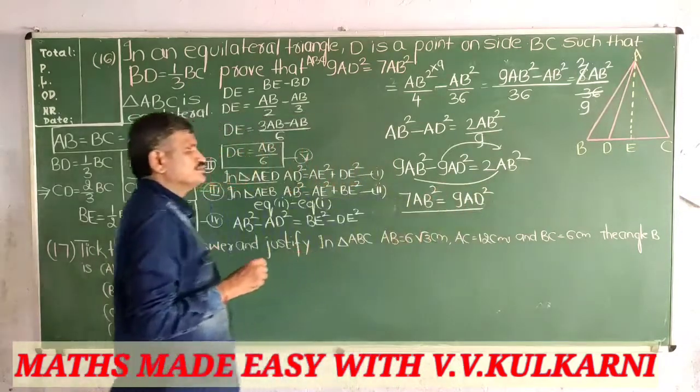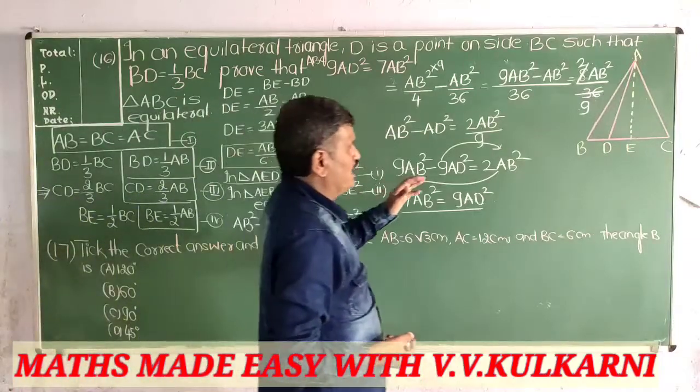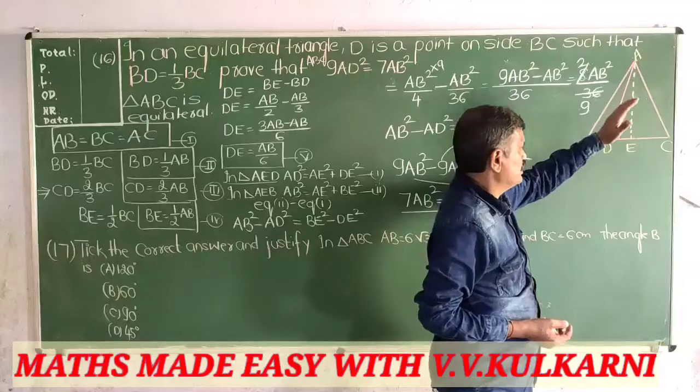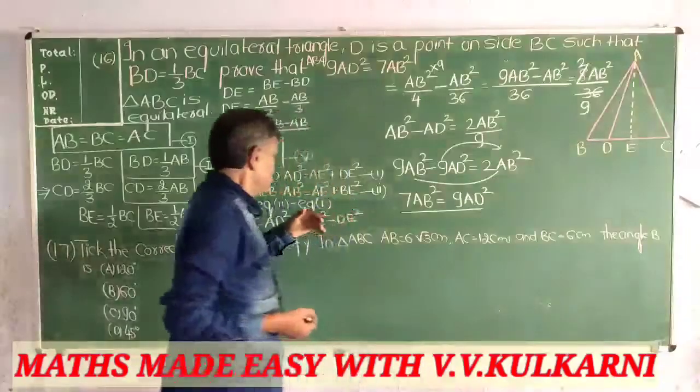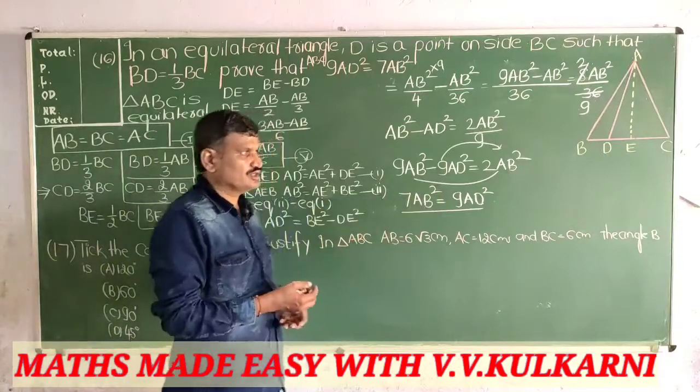So simple, hence proved. What I did here is I used the triangles where AB square and AD square are there; first equation minus second equation gives the required result.